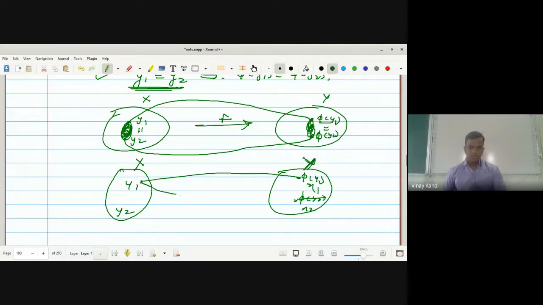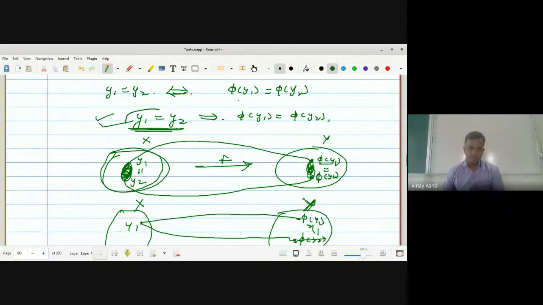Okay, so that implies, this statement implies, for every element of x, each and every element of x will get unique image in codomain y. ओके, कळते का काय सांगतोय मी?